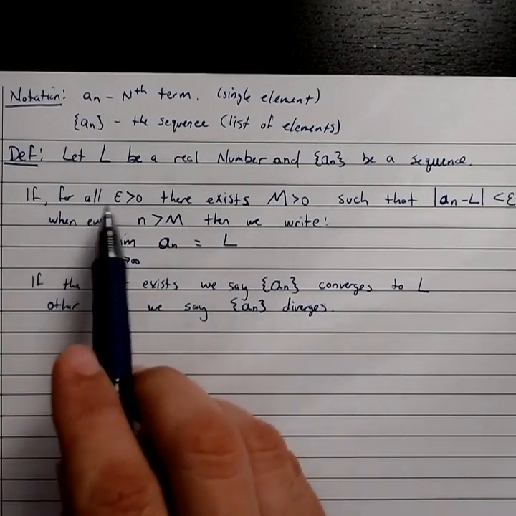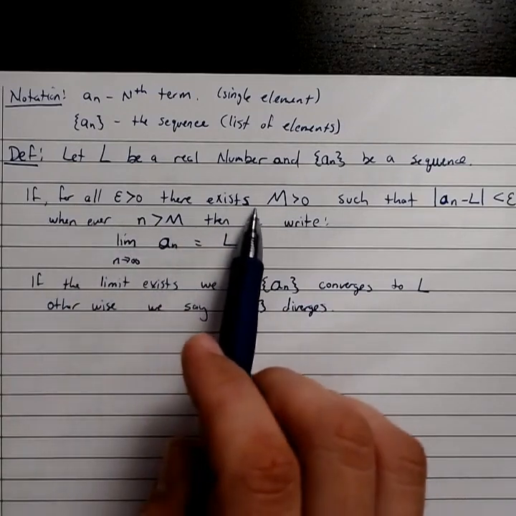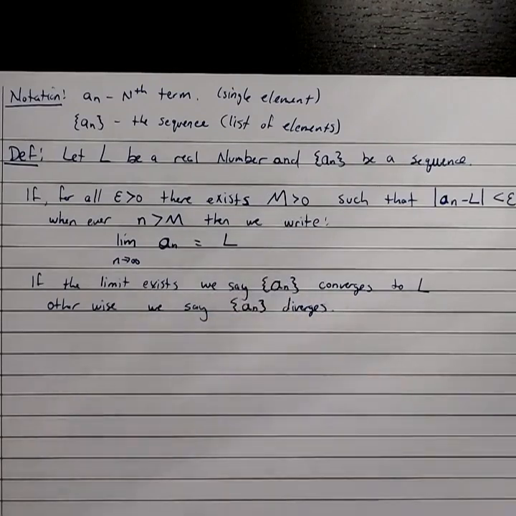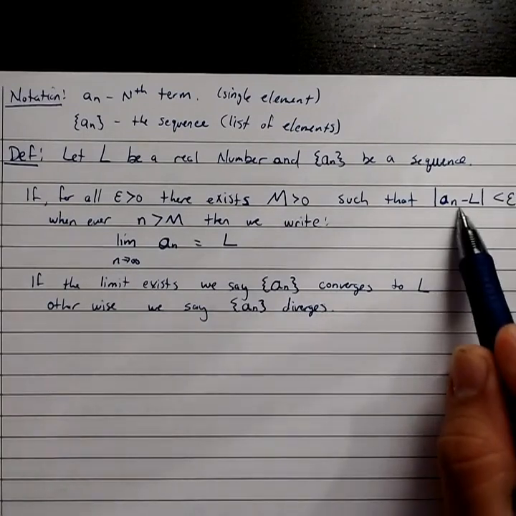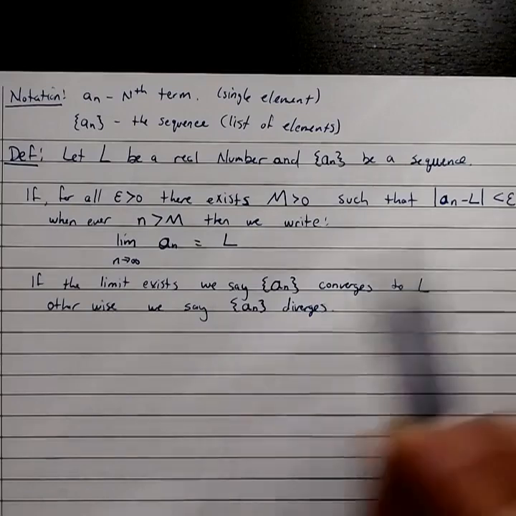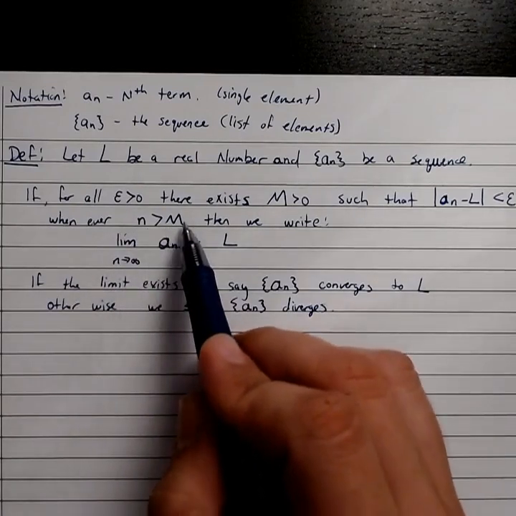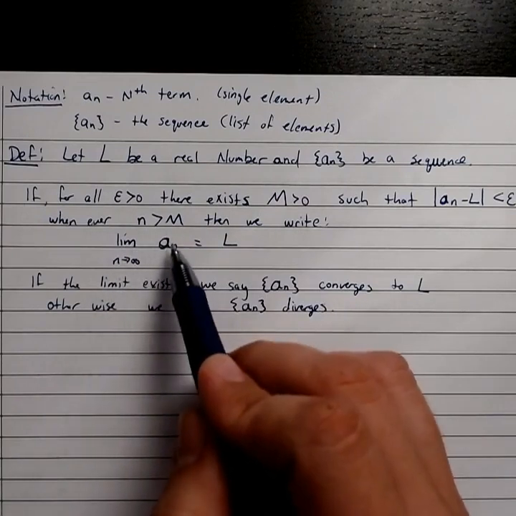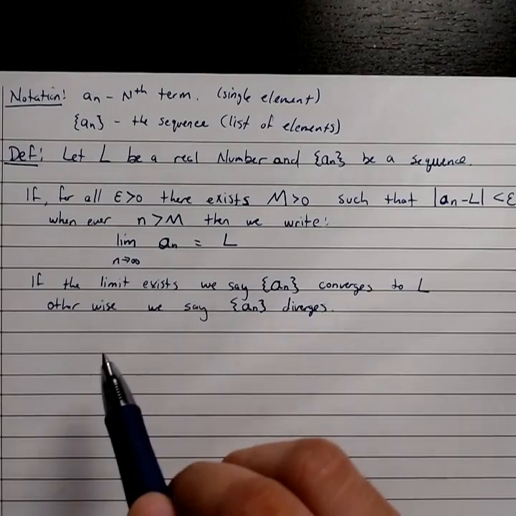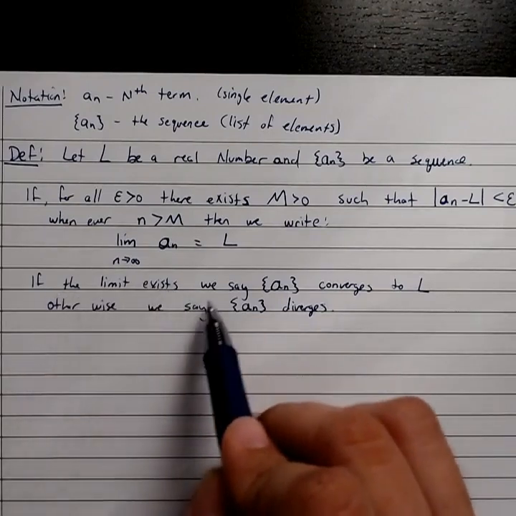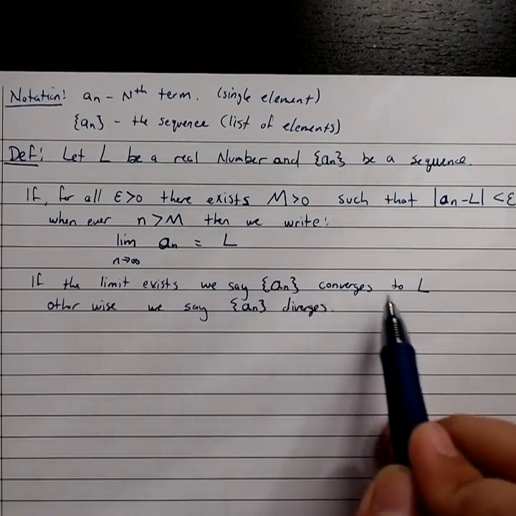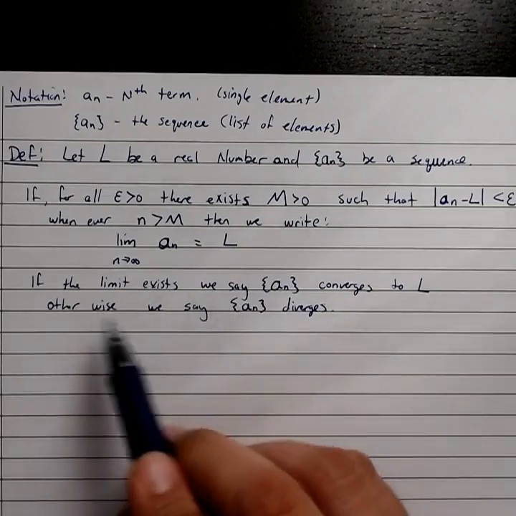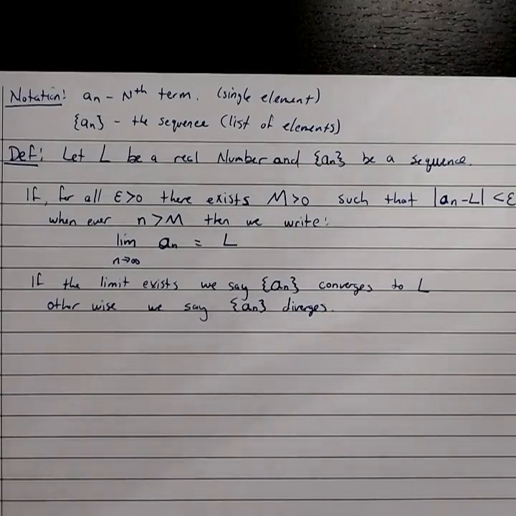If for every epsilon greater than 0, there exists a number M, and this is just a regular number, greater than 0, a positive number, such that the absolute value of a_n minus L is less than epsilon whenever n is greater than M, then we write the limit as n approaches infinity of a_n equals L. If the limit exists, we say that the sequence converges to L. Not the individual terms, but the actual sequence. Otherwise, we say that the sequence a_n diverges.